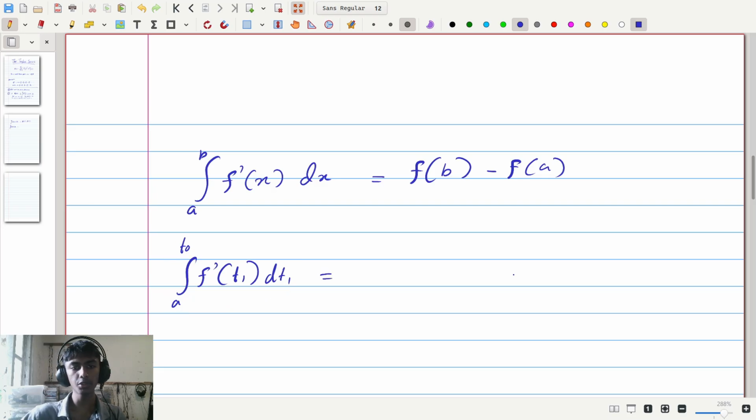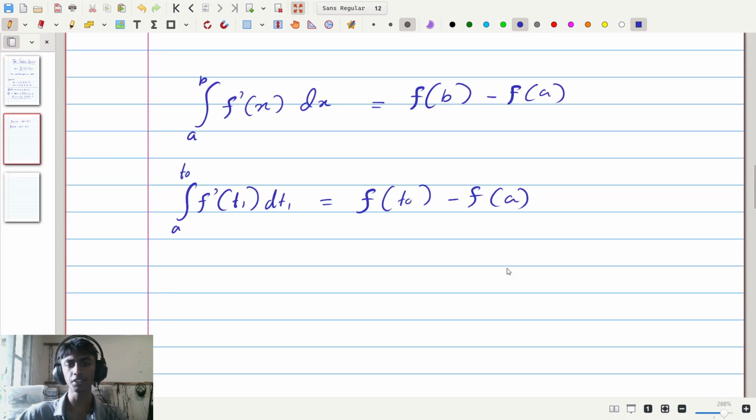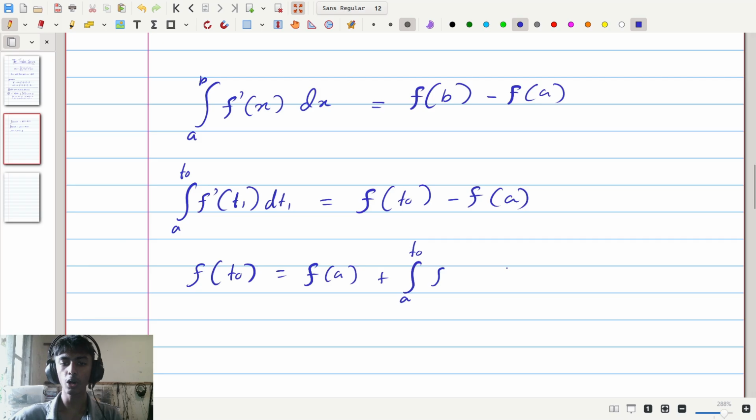According to the fundamental theorem of calculus, this is equal to f of t0 minus f of a. Rearranging this expression, taking f of a to the left hand side, we get f of t0 being equal to f of a plus the integral from a to t0 of f prime of t1 dt1.